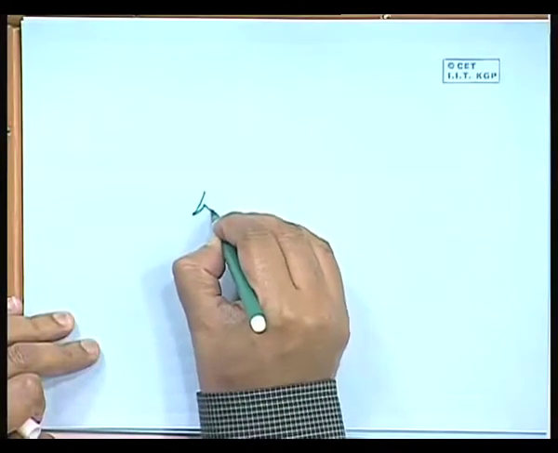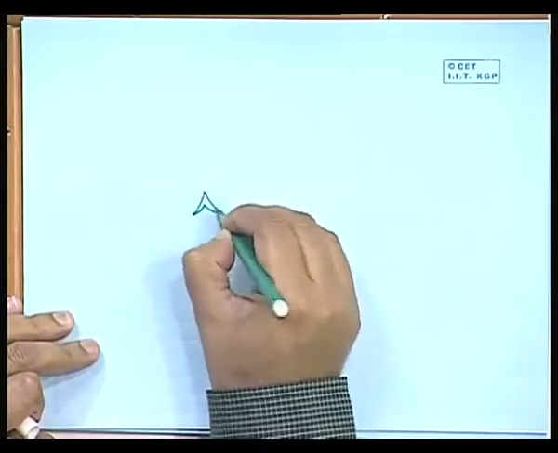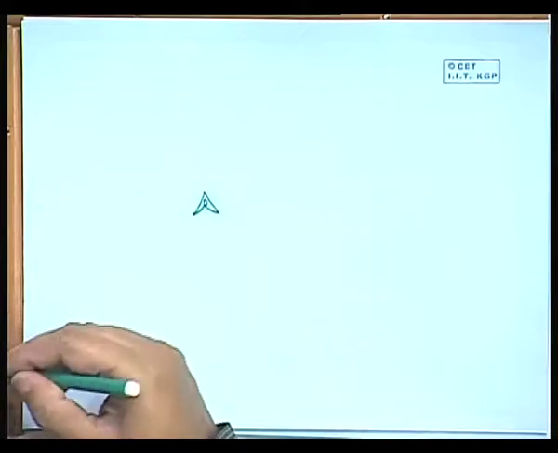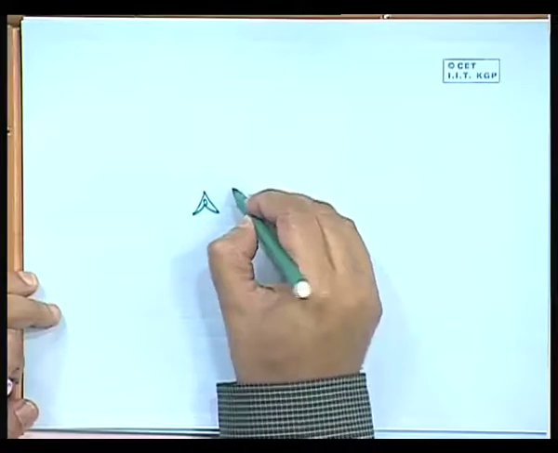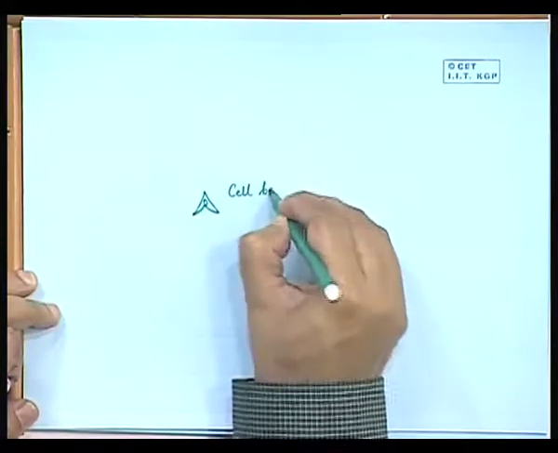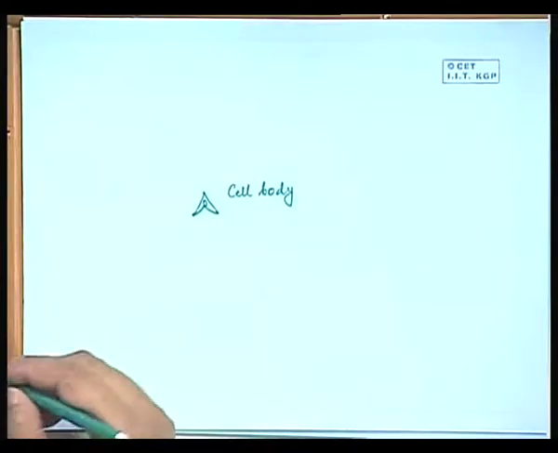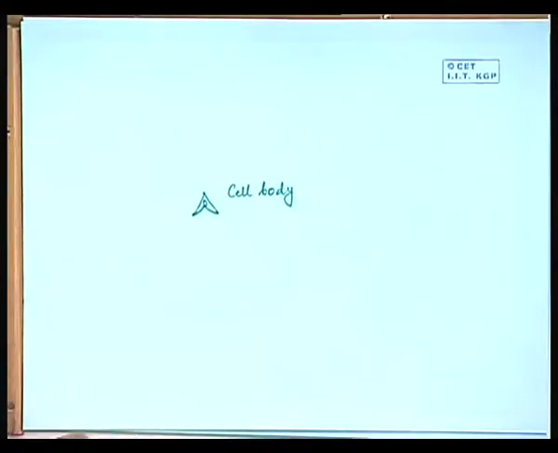Let us say that here we draw what is called a cell body. So, supposing this is the cell body, and with that we now connect the following.